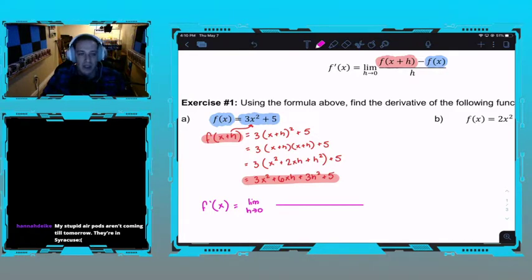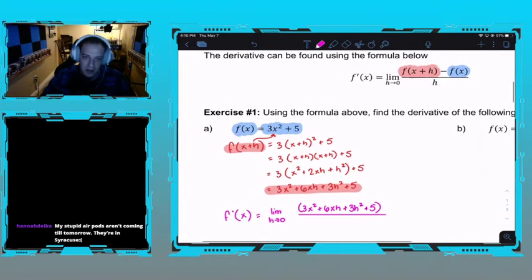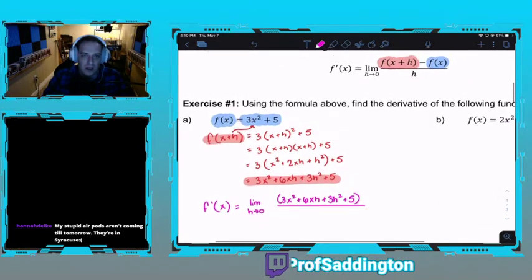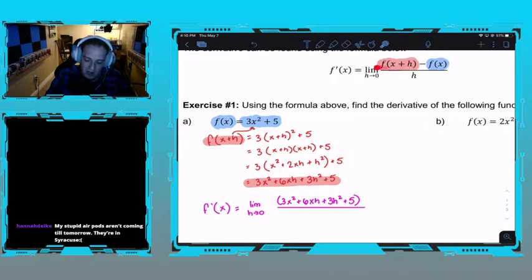Well, that's what we just solved in red. So the first part I'm going to do is substitute in 3x squared plus 6xh plus 3h squared plus 5. So all I did was I took this part right here and I substituted it in for the part that says f of x plus h.